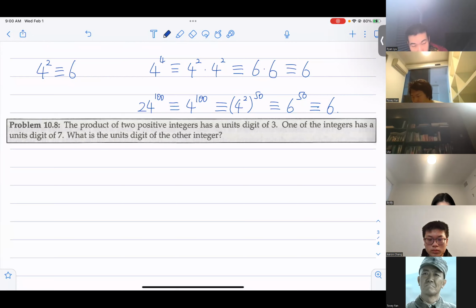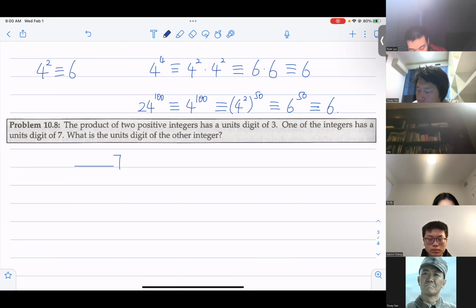Does anyone have any idea? 7 times what is 3? One integer is some number. Yeah, times 9. Good, yes.